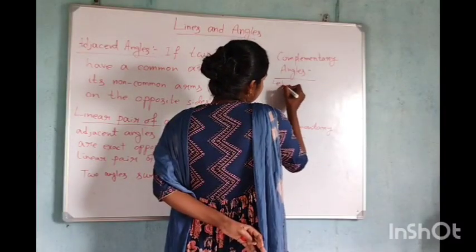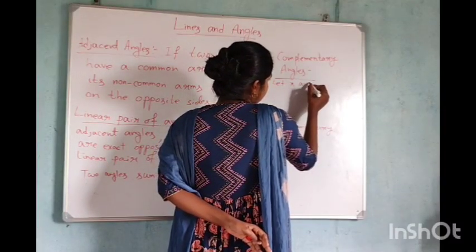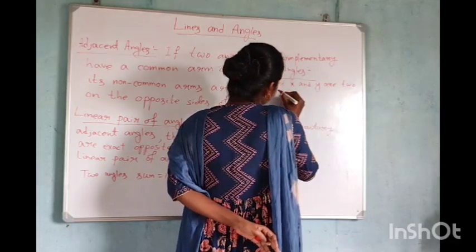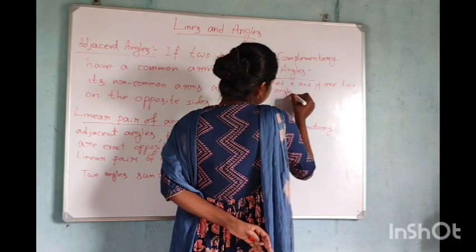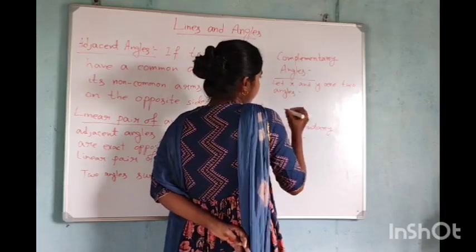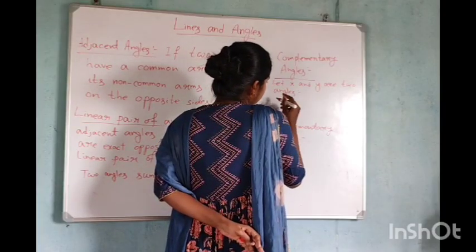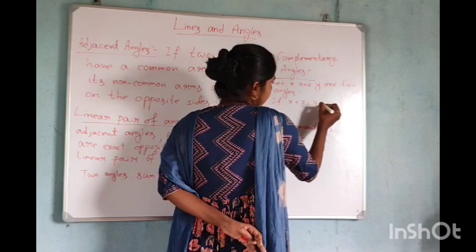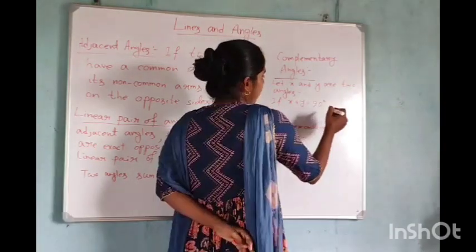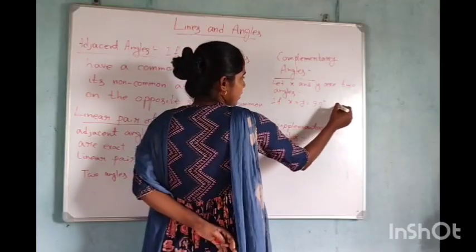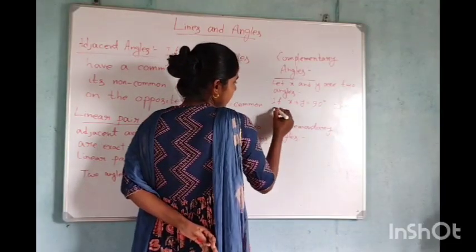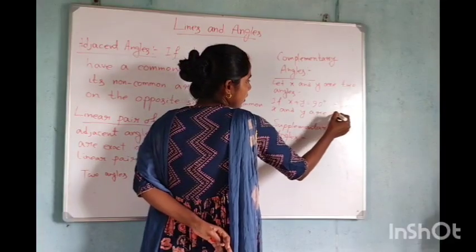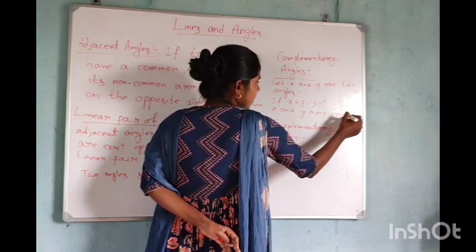Let x and y be two angles. If x plus y equals 90 degrees, then x and y are called complementary angles.